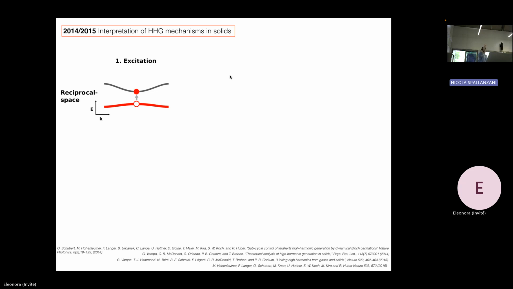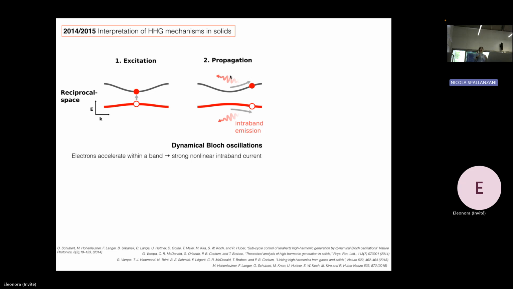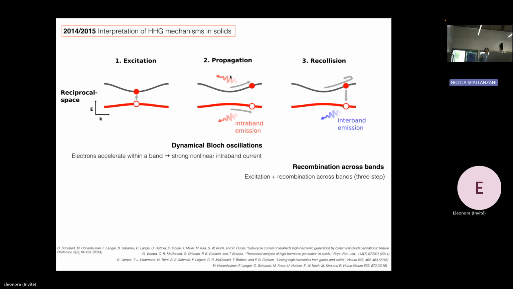You have this excitation, so you have a carrier production, and then you can have intra-band emission, so harmonic emission that comes because you create a cavity. Then you can have, of course, recombination, intra-band emission, and quantum interference. In Italy you can find a very nice article that studies this mechanism and tries to understand what is going on.